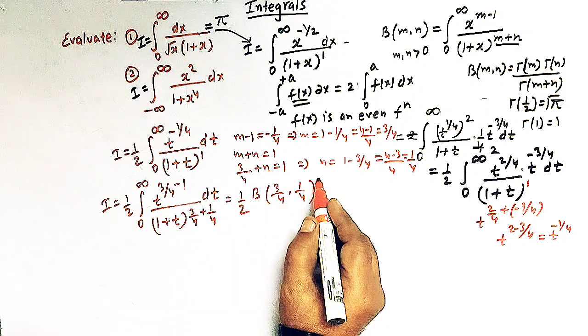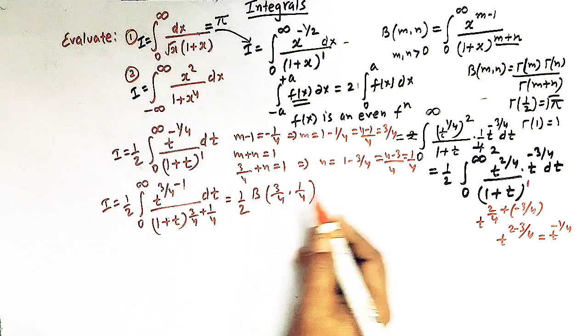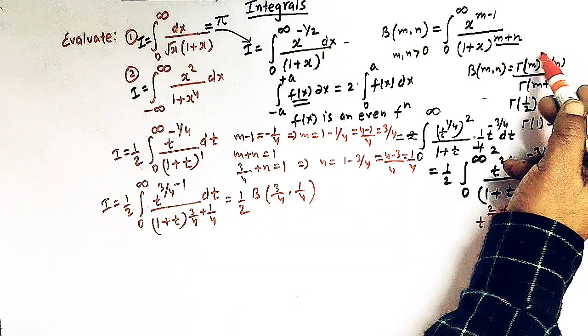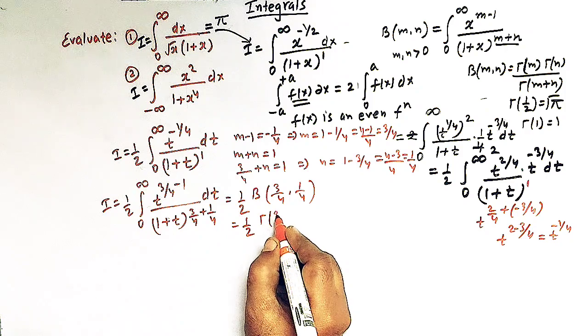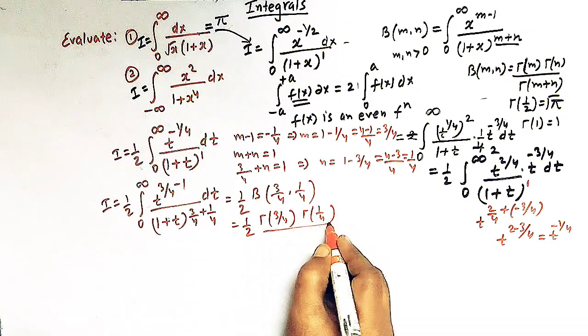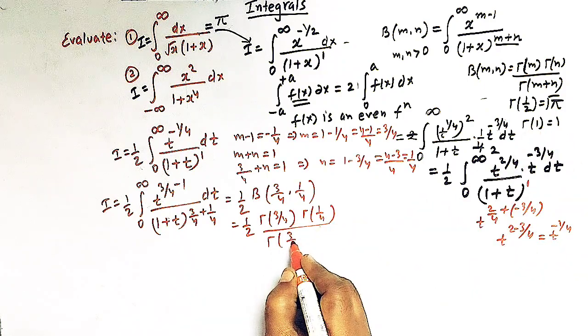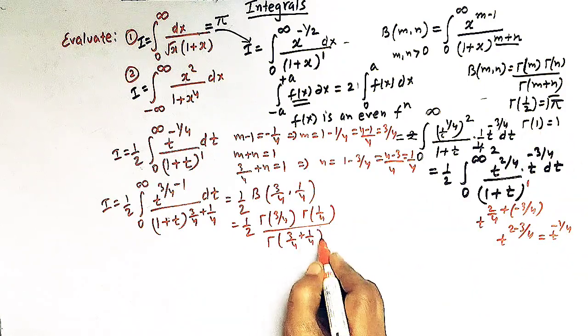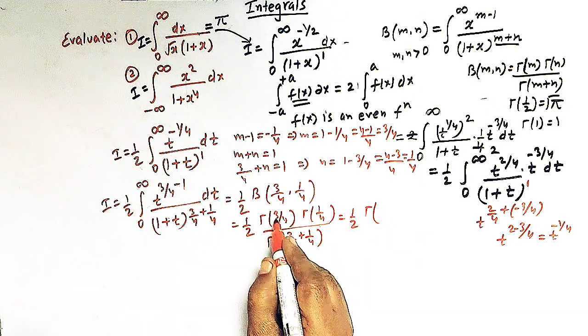So now to evaluate this beta function, we will again use this result. So we have half gamma 3 by 4 gamma 1 over 4 divided by gamma m plus n, that is 3 by 4 plus 1 over 4. So we have half, then gamma 3 by 4.